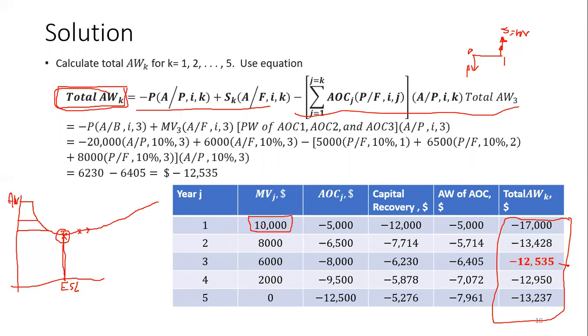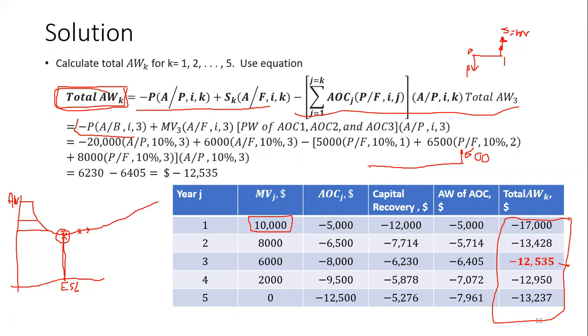So now, for the third year, I have the new cash flow like this. The salvage value now for the third year is 6,000. This is the market value. Okay?